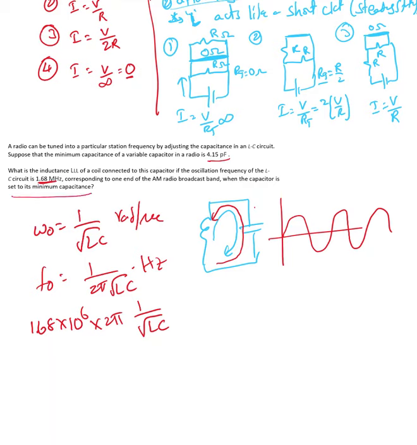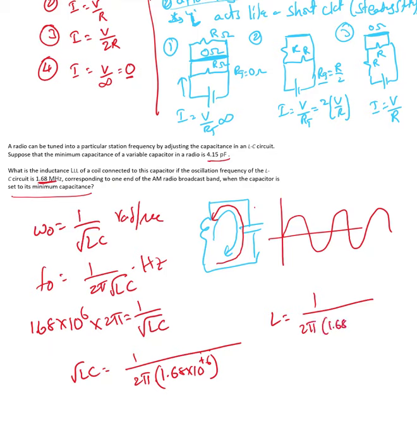Can I say square root of LC equals 1 over 2 pi times 1.68 times 10 to the power of 6? So L equals 1 over (2 pi times 1.68 times 10 to the power of 6) whole squared, times C.